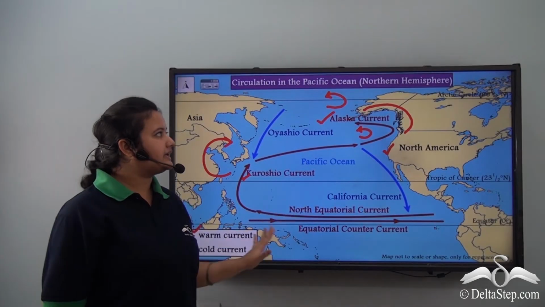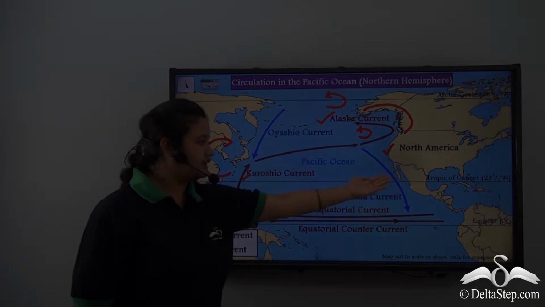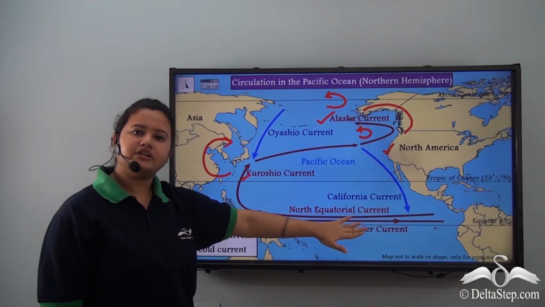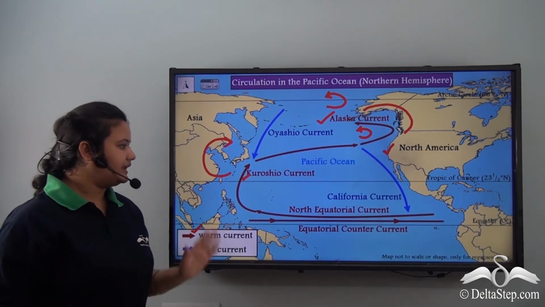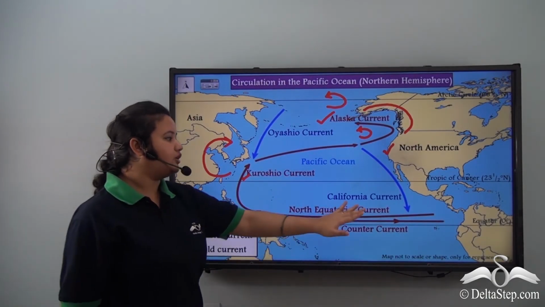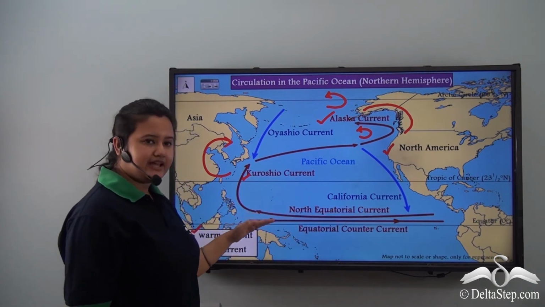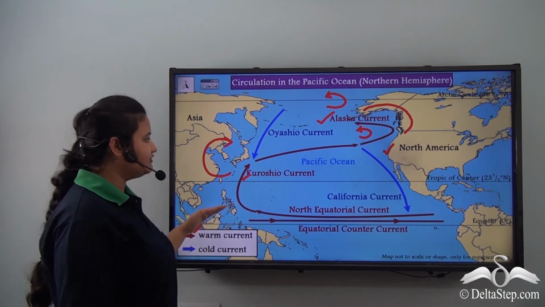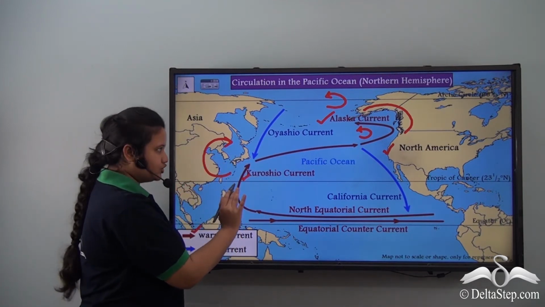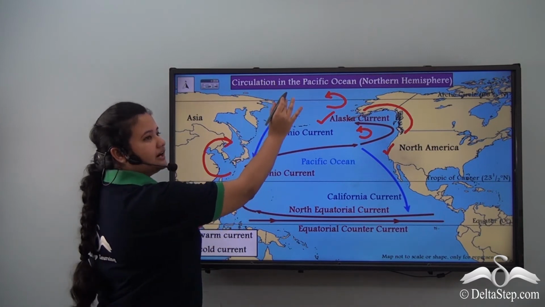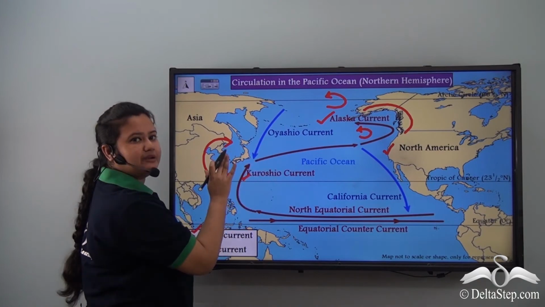So now the cycle in the northern part gets completed as the California current joins the North Equatorial current. Let me reintroduce the currents one by one again. The cycle starts with the North Equatorial current, which flows from east to west. Then due to Coriolis effect, it deflects to the right and flows towards Japan as the Kuroshio current. Here from the Arctic region, a cold current named the Oyashio current comes and meets it.